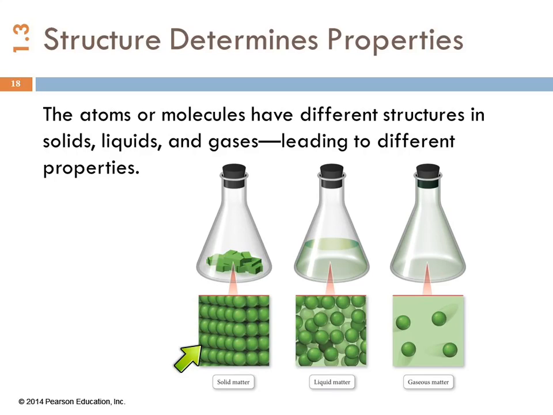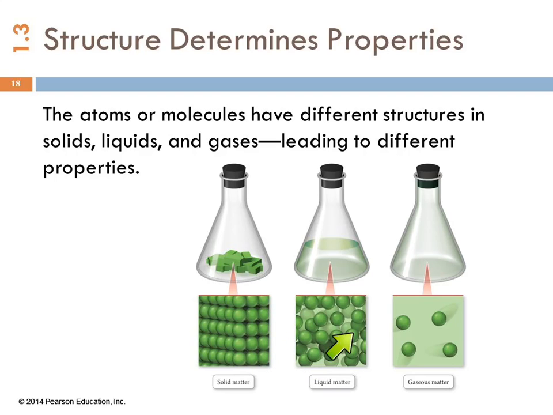If we look here at a solid, we see that the particles, here represented as green spheres, are very close together, and they're ordered. They're making a specific geometric arrangement, and that is characteristic of solids. In a liquid, the particles are also very close together, but now the order is gone.